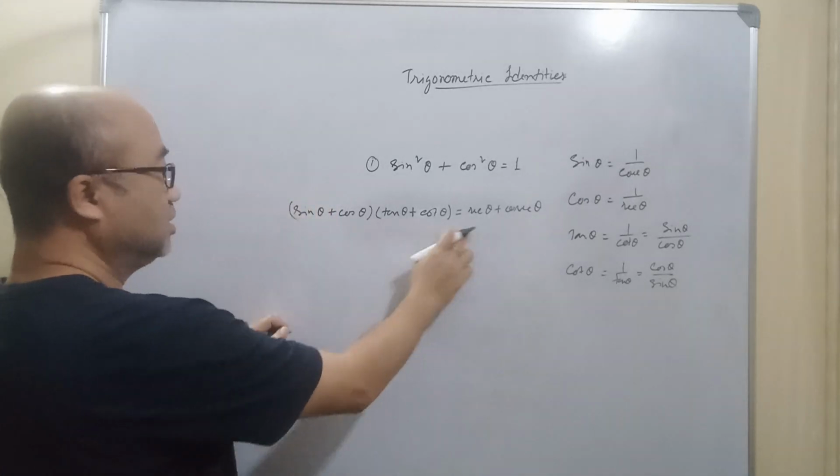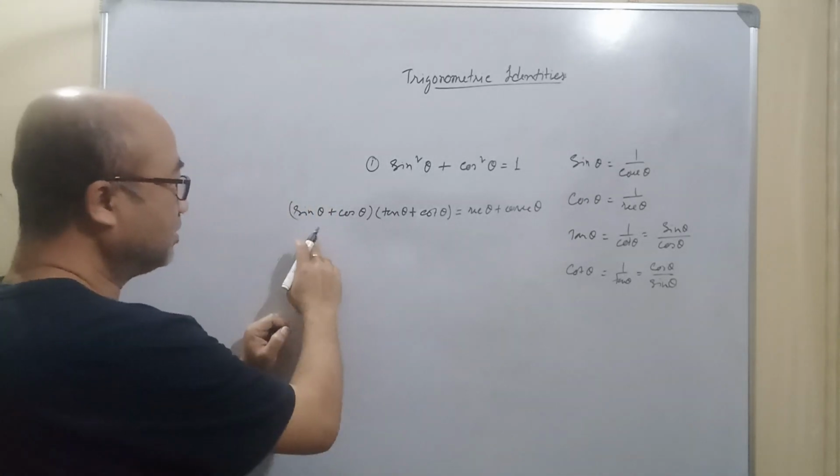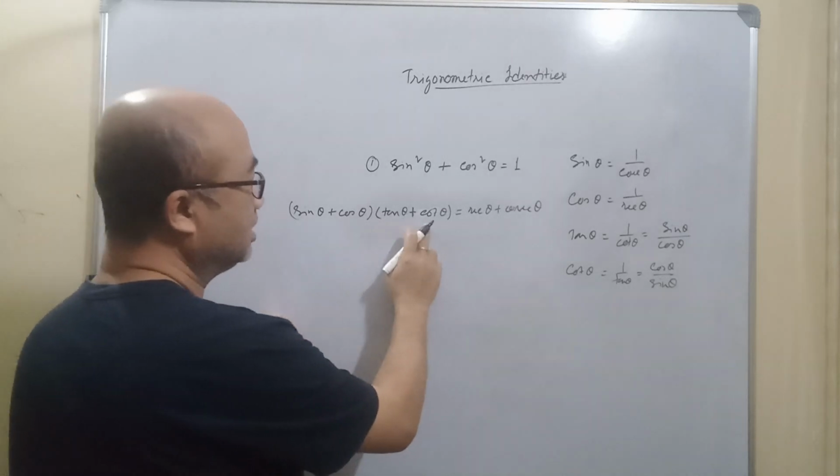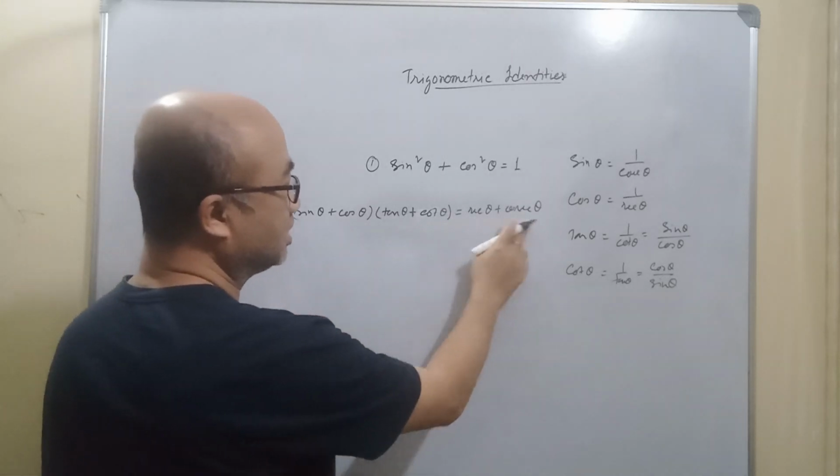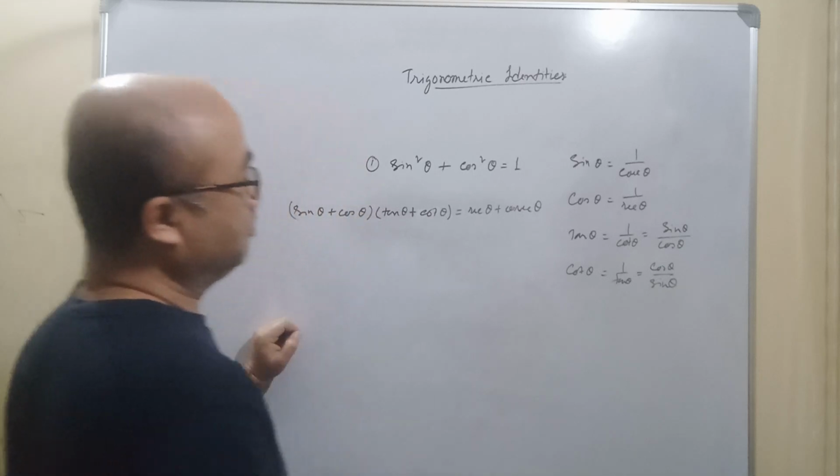So this is what we have to prove, that sin θ plus cos θ over tan θ plus cot θ is equal to sec θ plus cosec θ.